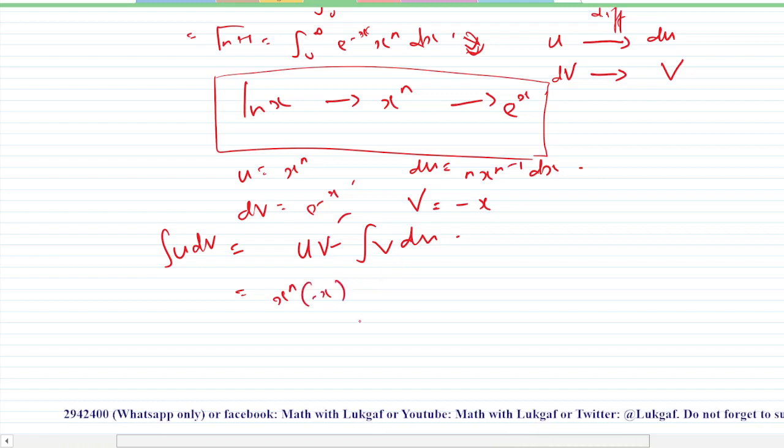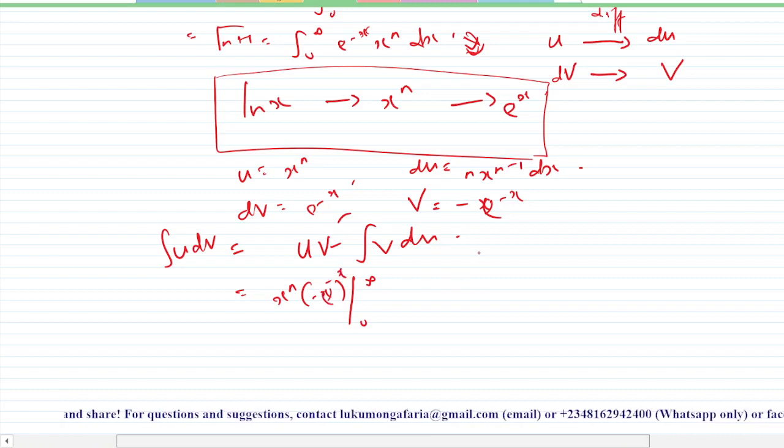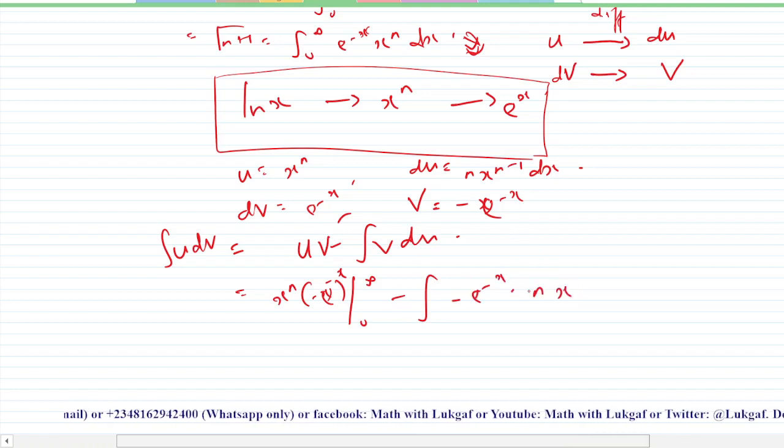Then you put the limits from 0 to infinity. I hope that is understood. So this will be x raised to the power n times minus e raised to the power minus x, then minus the integral, where your v is minus e raised to the power minus x, then du is n x raised to the power n minus 1 dx.